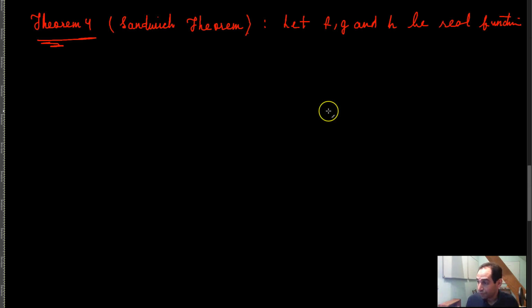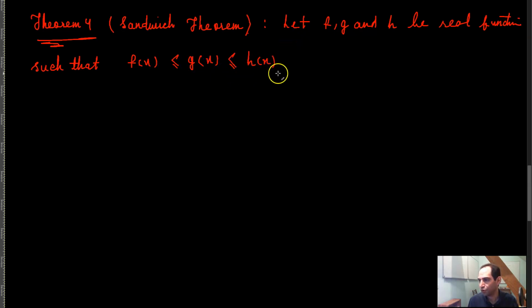So if f, g, and h are real functions such that f of x is less than or equal to g of x is less than or equal to h of x for all x in the common domain of definition.